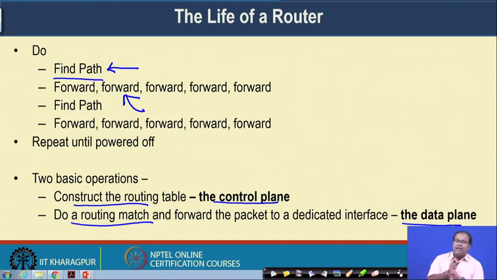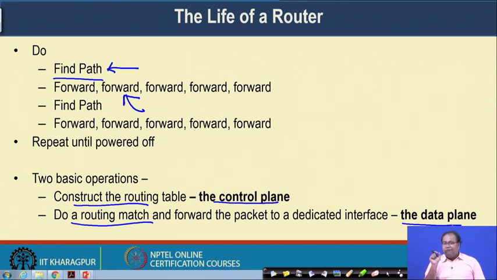Periodic in the sense that you will find out a path to a destination only when you get a new packet where the information is not available in the routing table. During that time, you will execute a routing protocol, or in case of link state routing or OSPF, or distance vector routing protocols, you will periodically exchange the routing control messages, and from this periodic exchange of the routing control messages, you will find out the path.